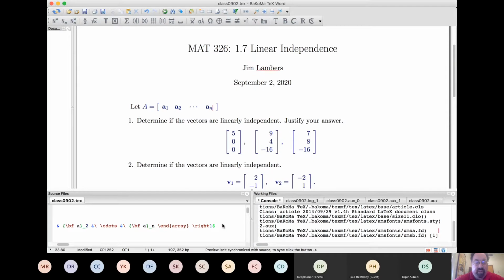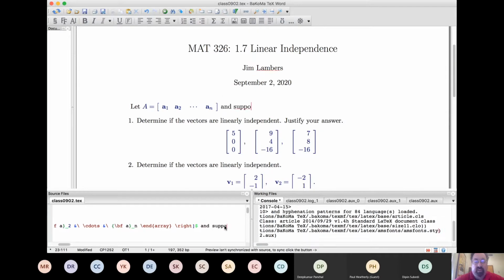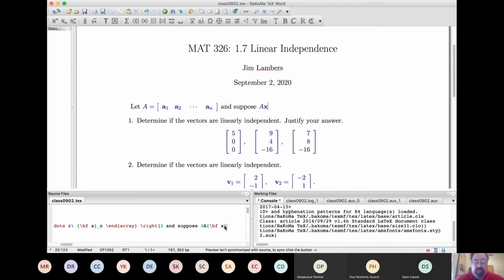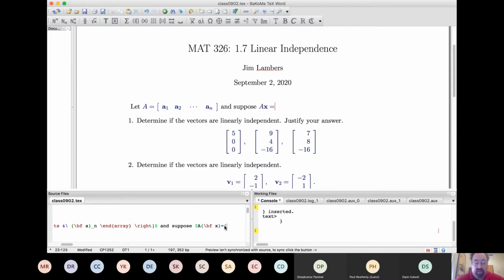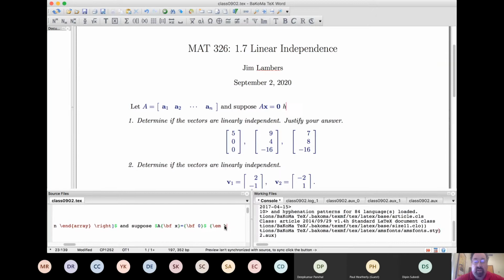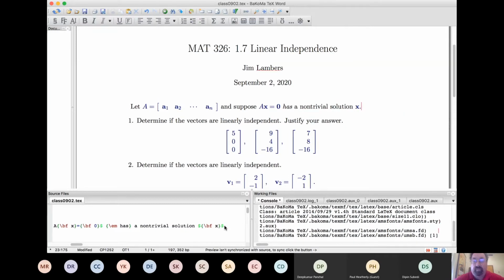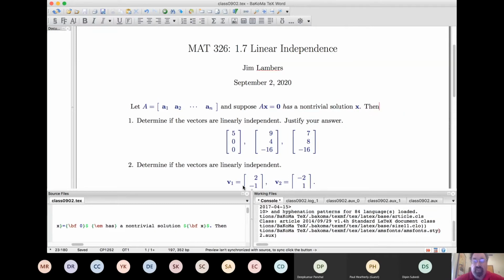So those are columns of A. And suppose, like we were talking about last time, this system, AX equals 0, actually has a non-trivial solution, X. So then, what does that tell us?